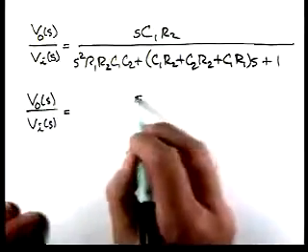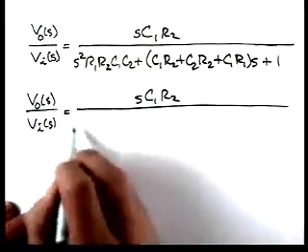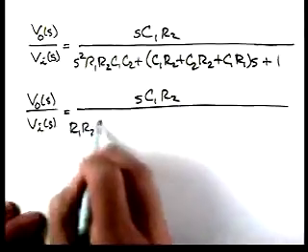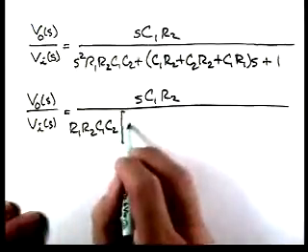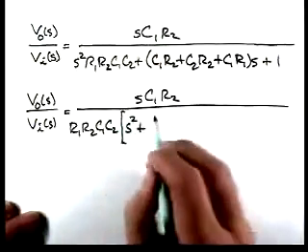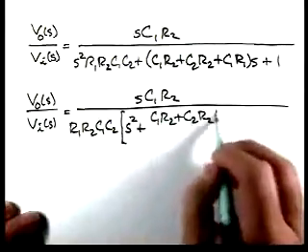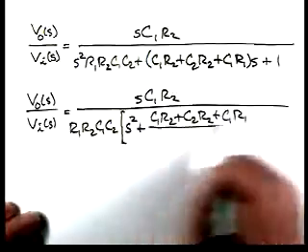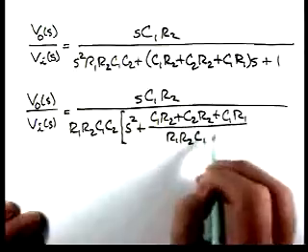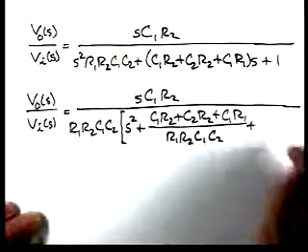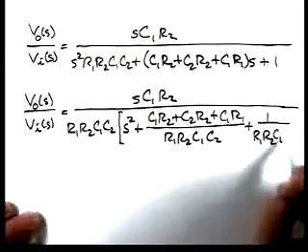So we still have sC1 R2, but now our denominator will have R1 R2 C1 C2 times s squared plus (C1 R2 plus C2 R2 plus C1 R1) over R1 R2 C1 C2 times s, plus 1 over R1 R2 C1 C2.